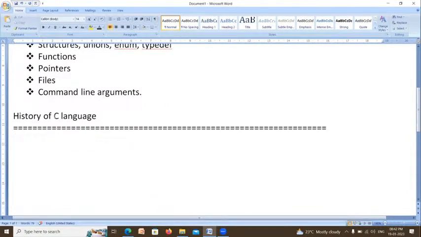There are so many high level languages. One of the popular high level programming languages is BCPL.